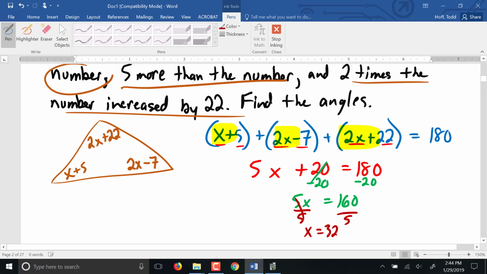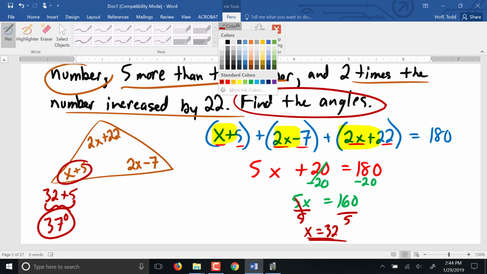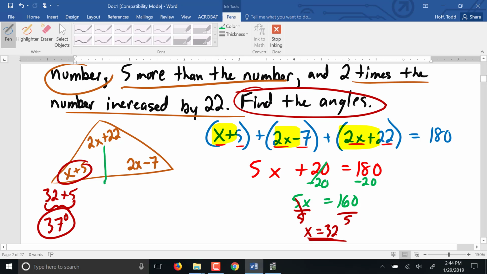X equals 32. Now again, we have to answer the question. The question was asking us to find the angles. So we have to do each angle. This one, x plus 5, that'll be simple. We put 32 in for x. 32 plus 5 is 37 degrees. This one here, 2x plus 22, we put 32 in for x, so 2 times 32 plus 22. 2 times 32 is 64. And plus 22 is 86.